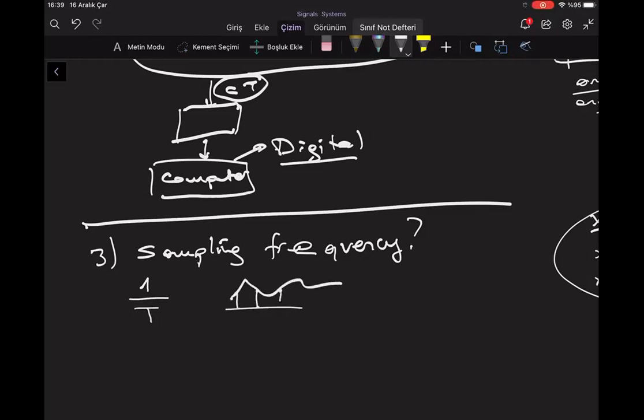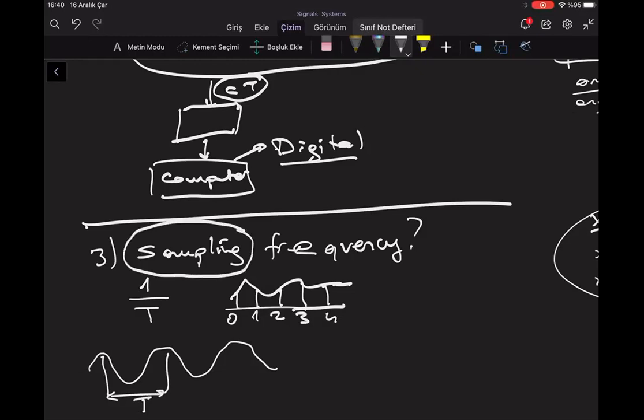How many cycles per second? For example, if I have this sine wave, then I would say this is my period. But I'm talking about sampling frequency. Normally, if I talk about frequency or the period, you would tell me this is my periodic signal, and it has a period like that, and 1 over T will give me the frequency.